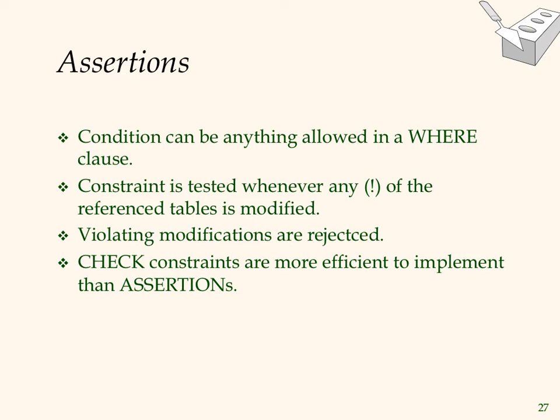So if you have an assertion like that about the sailors and the boats, it will be tested whenever one of the referenced tables is modified, in this case sailors and boats, and then it will reject the modification. So for example, if you try to insert 1,000 boats, then that insertion will be rejected.